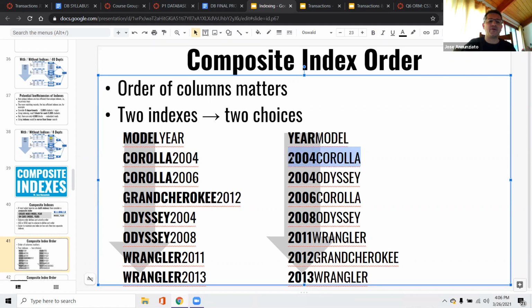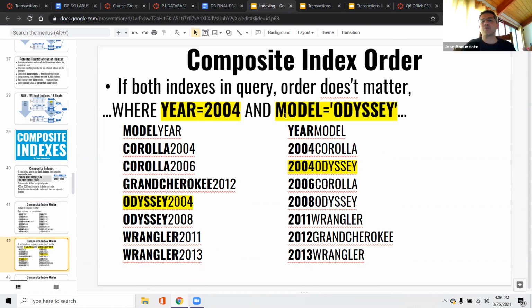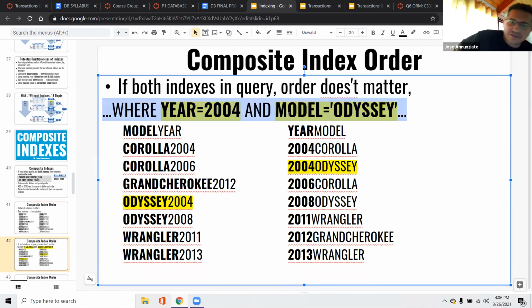Okay. Now, if your queries have both fields in their where clauses, year and model, both fields by which you have the key, the index, then it doesn't matter whether you chose model year or year model.